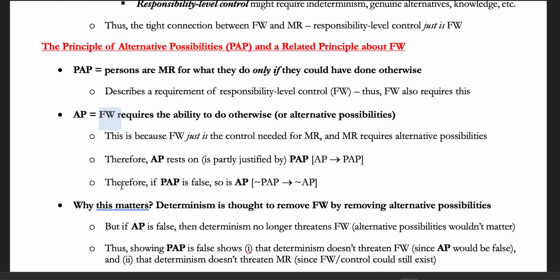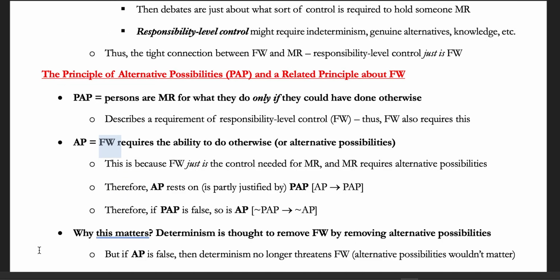So why does this matter? This matters because of determinism, which we've been talking about for weeks, this determinism debate and how people try to get around it. Determinism is thought to remove free will because it removes alternative possibilities. Determinism says the past and the laws of nature guarantee one future.